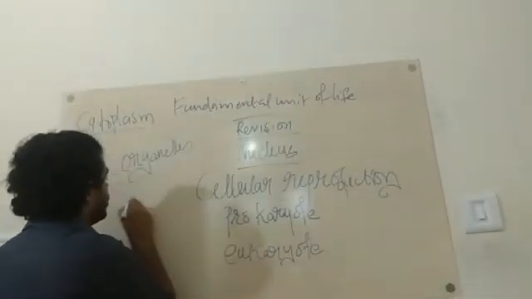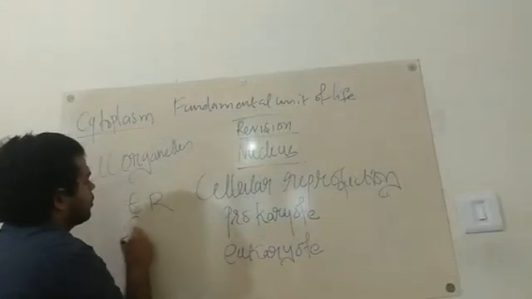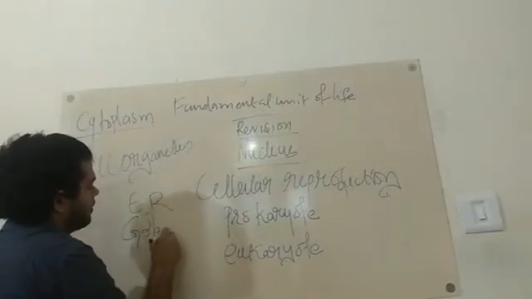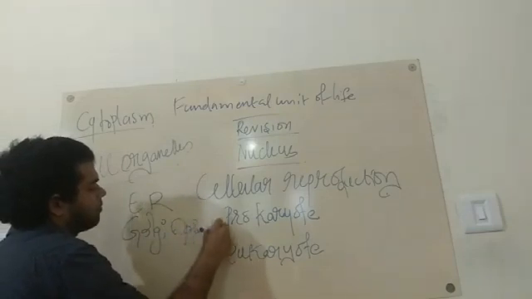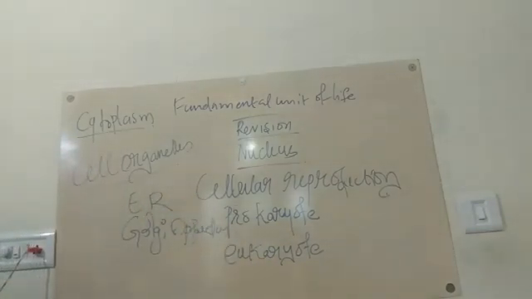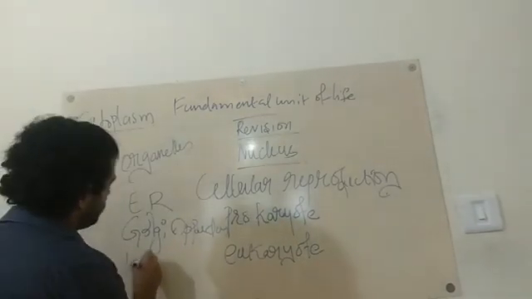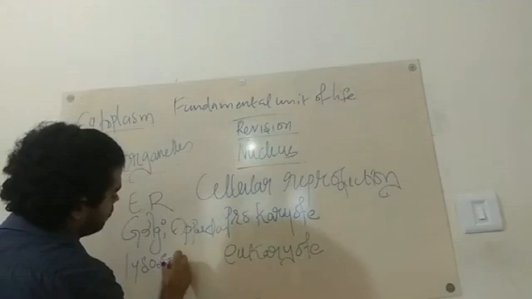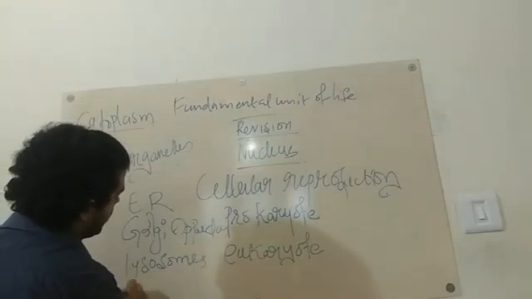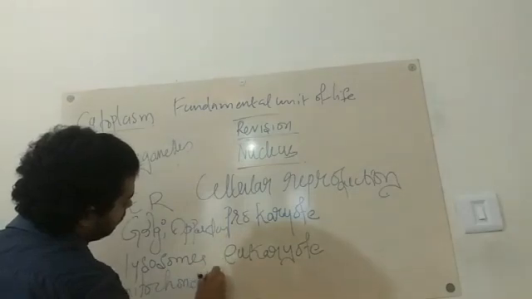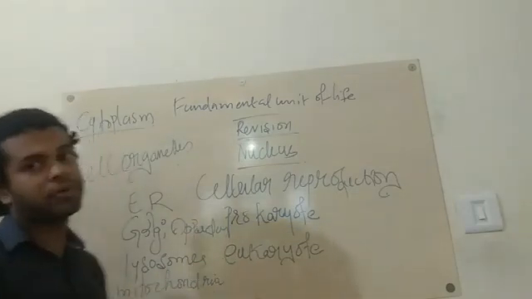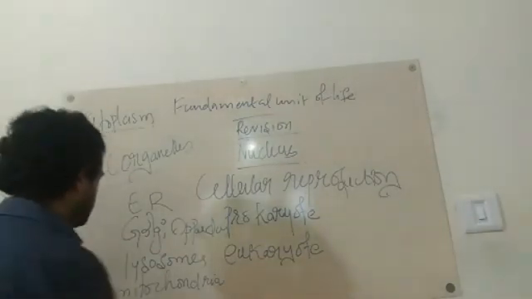They are the endoplasmic reticulum, Golgi apparatus, lysosomes, mitochondria, plastids and vacuoles.